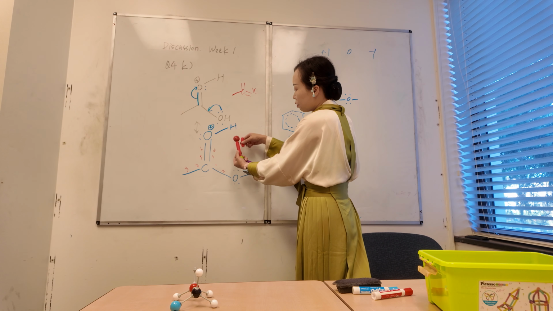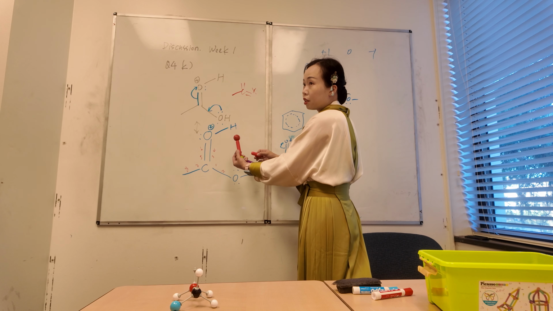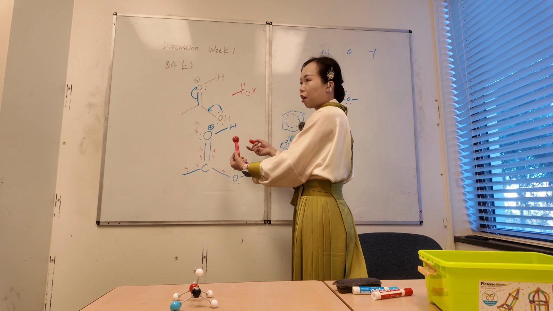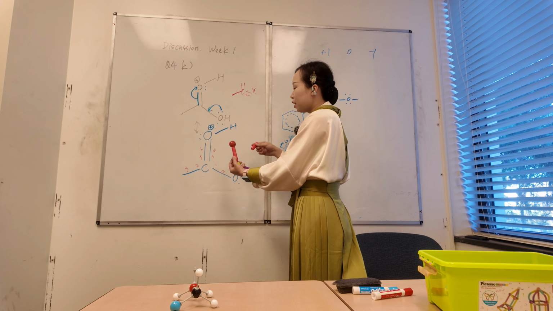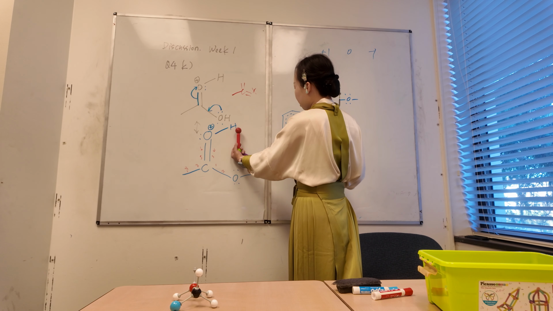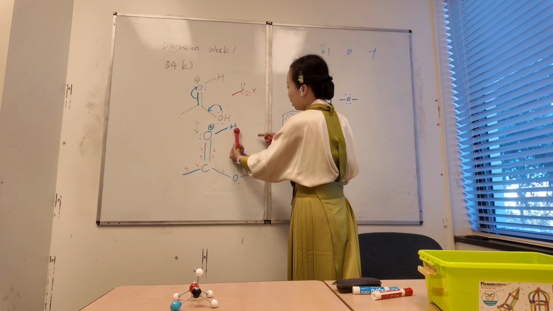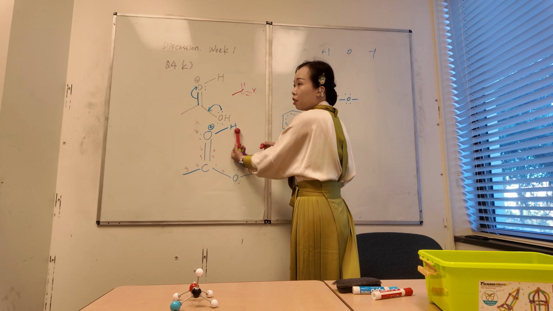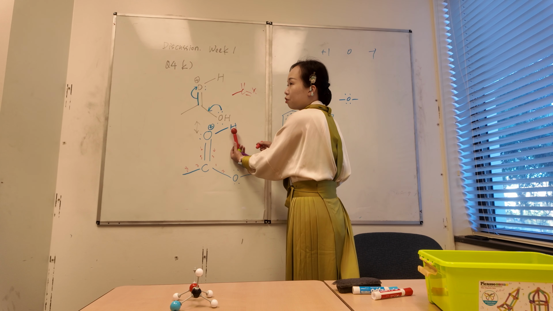The reality of the resonance is it keeps changing between these. But if you always write all the resonance structures, it's not practical. So we just say, okay, this looks like this, and we put a dash line here, and we put a negative for total, meaning they keep changing in between. That's why we introduce the hybrid.